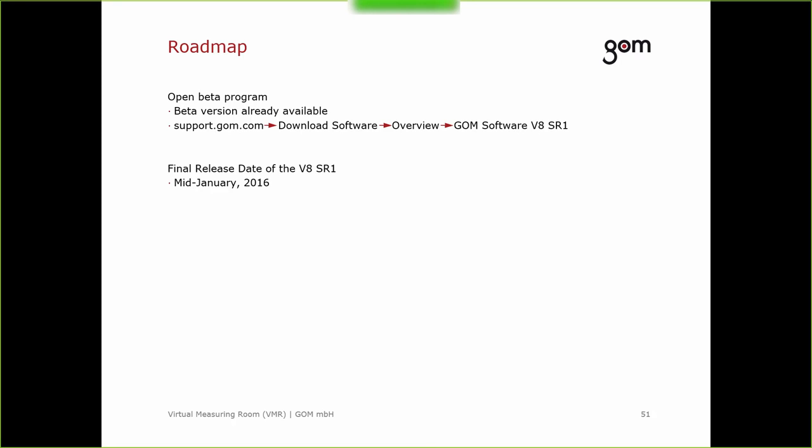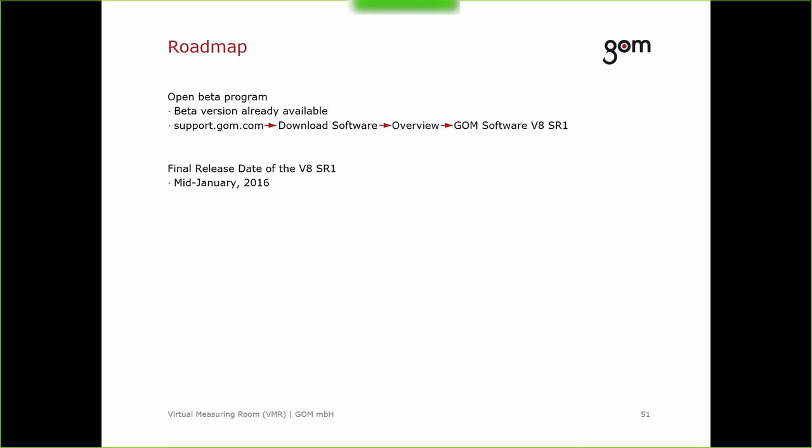You can download a beta version of the V8 SR1 already. GOM has launched the Open Beta program in order to give you the opportunity to try out new functions and enhancements without affecting your daily business. The V8 SR1 will run with the current V8 license, so there's no need to update your license if you are on V8.